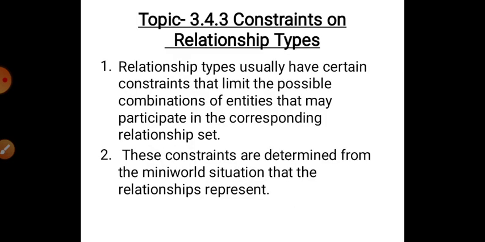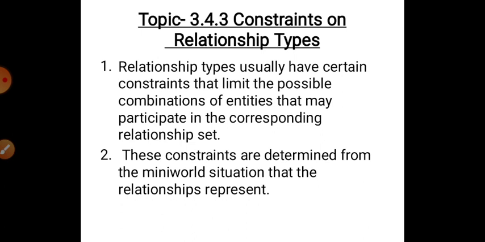Point number one, relationship types usually have certain constraints that limit the possible combination of entities that may participate in the corresponding relationship set. And number two, these constraints are determined from the mini world situation that the relationship represents. Students, the constraints on the relationship type depend upon the situation in the real world.